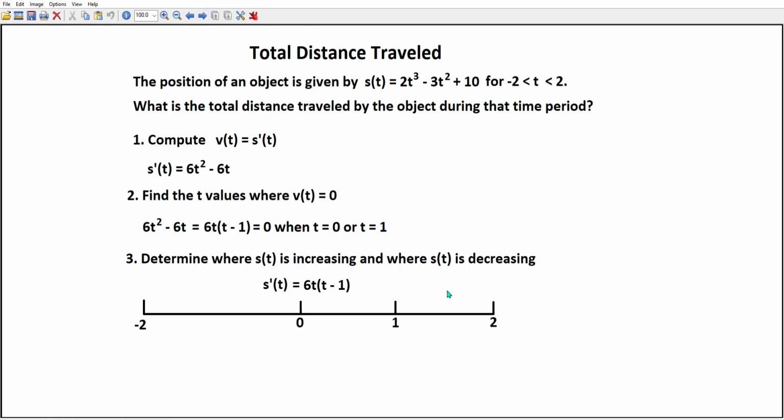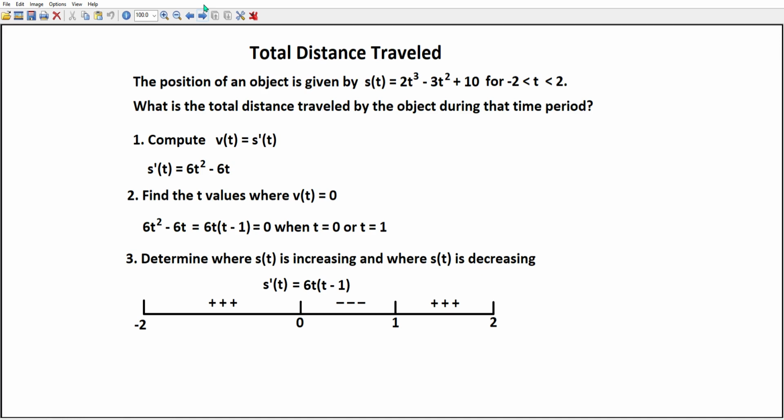So when t is bigger than 1, both of these terms are positive, and we get positive for s prime of t. Between 0 and 1, 6t is positive, but t minus 1 is negative, so that product is negative. And then between 0 and minus 2, both of these terms are negative, so the product is positive.